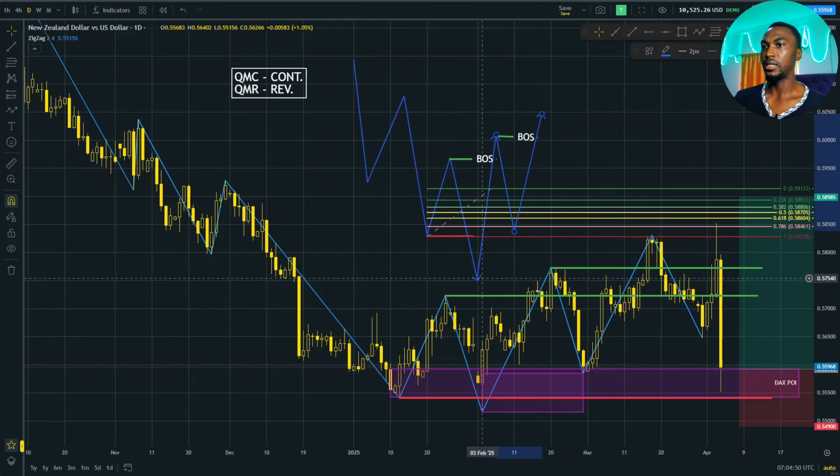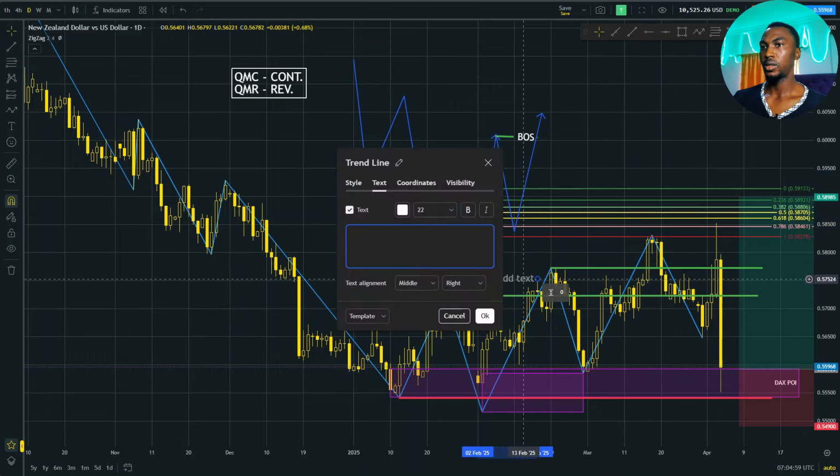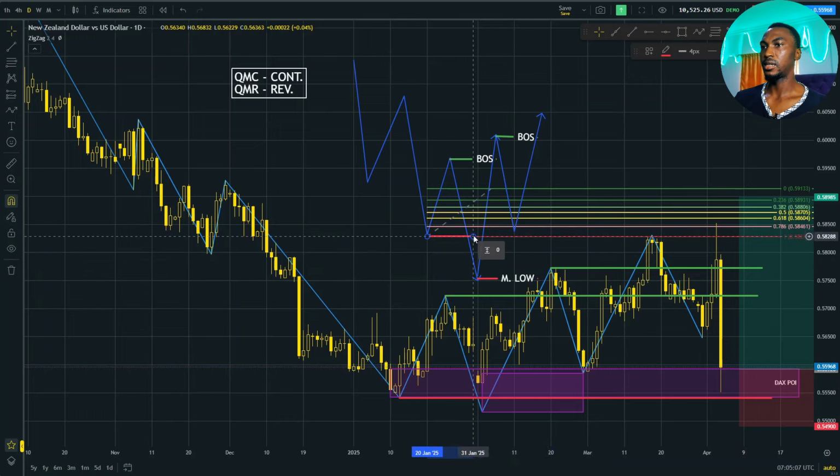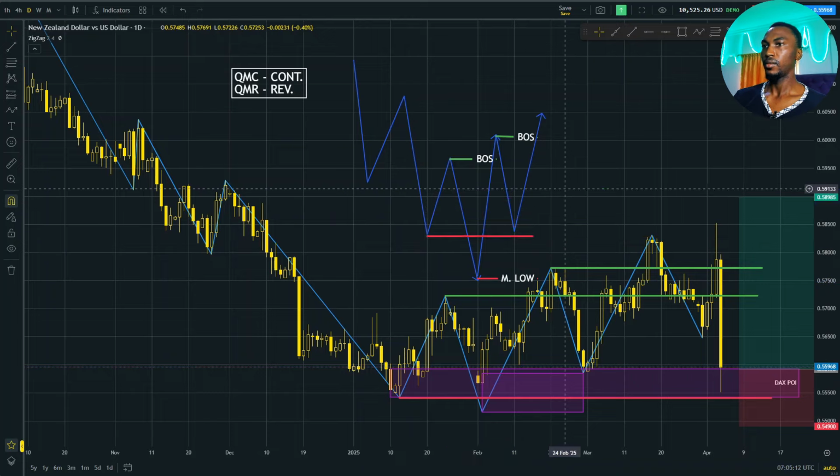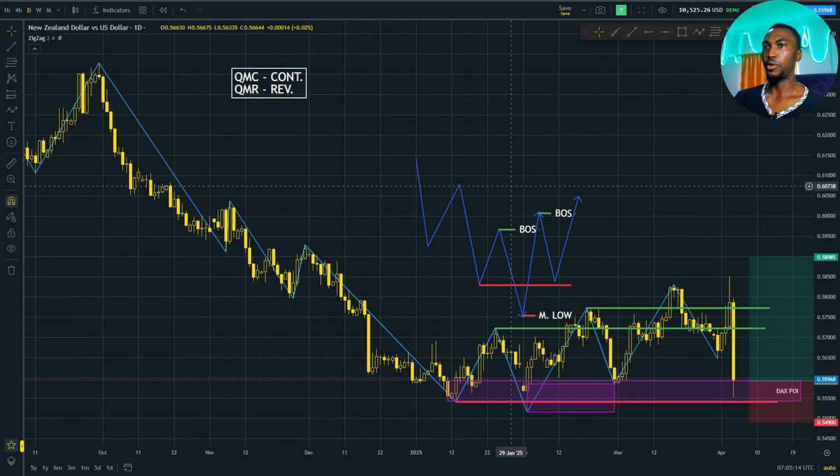It's not just respecting this major low right here, so I'll call this the M low. It's also respecting this low that was made here before. So this is the Quasimodo reversal.